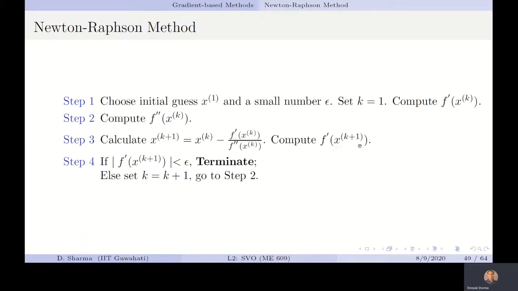It is required because at step 4, we see whether the derivative at the new point is smaller than epsilon. If it is, it means that we are very close to the optima or have reached the optima, so we should terminate. If not, we increase the counter by 1 and go to step 2, where we find the double derivative, then calculate the new point, and we keep moving until our algorithm gets terminated.